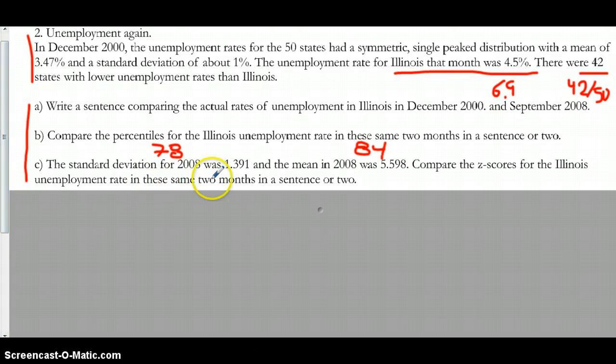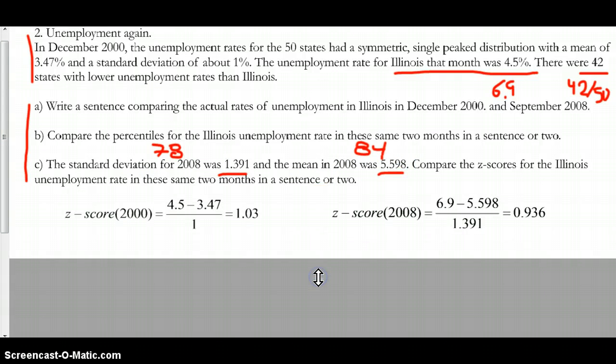Standard deviation I gave here for 2008 as well as the mean for 2008 so that you could compare z-scores. You should have calculated z-scores like this. This is the z-score for 2000 and the z-score for 2008. We noticed that the z-score for 2000 was a little bit bigger than the z-score for 2008.